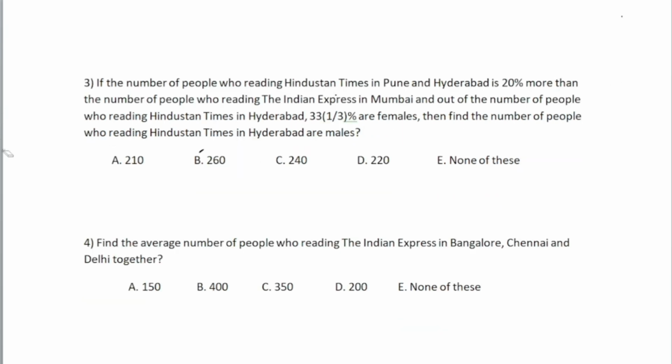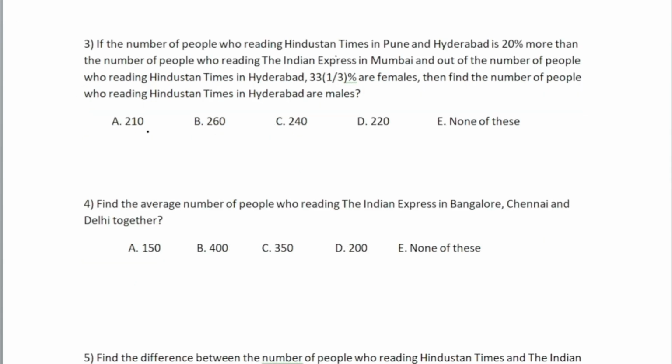Fourth question, it is saying: find the average number of people who are reading Indian Express in Bangalore, Chennai and Delhi together. Bangalore, Chennai and Delhi.